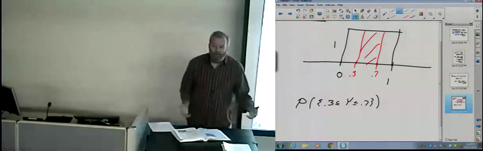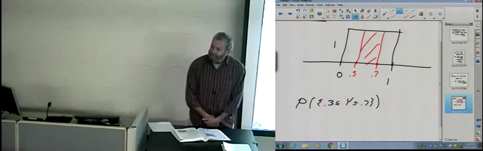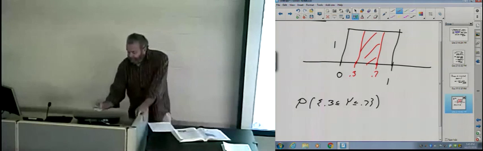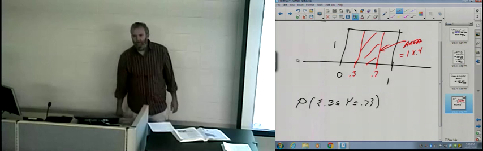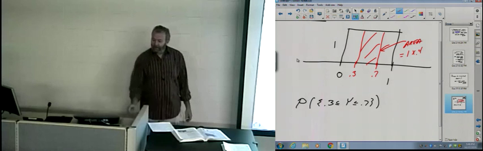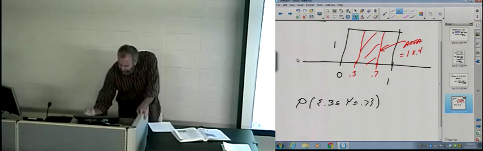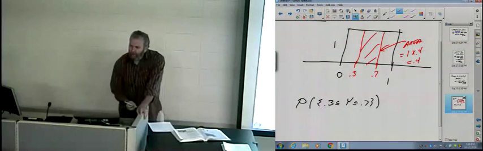Can anybody tell me what the area of that rectangle is? This rectangle has area. Its height is 1. Its width is 0.4, 0.7 minus 0.3. The area is 0.4.